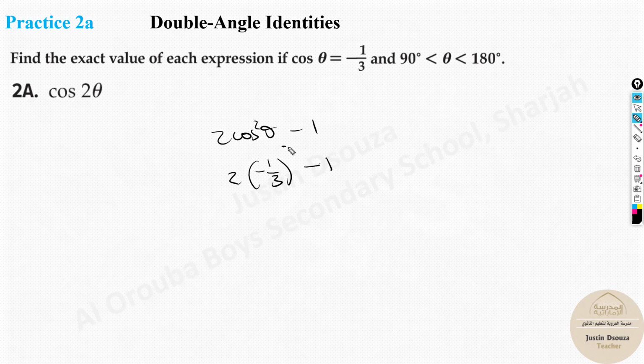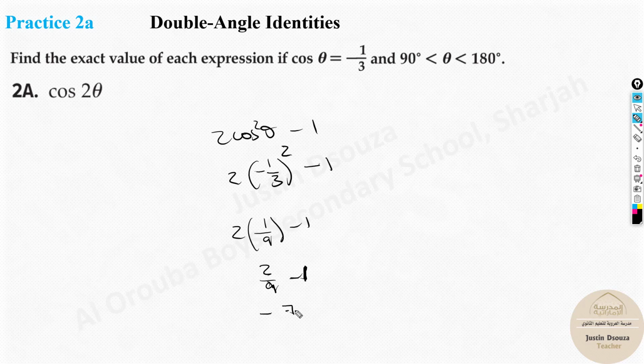Now when you solve this up, it's squared over here. The sign dissolves anyway. It'll be 2 times 1 by 9 minus 1. This is 2 by 9 minus 1. Now here you have 1 as a whole negative. So whatever the answer you get, it will be 2 ninths minus a whole.